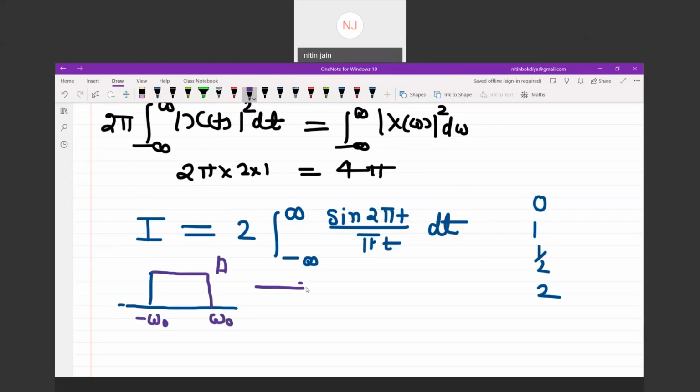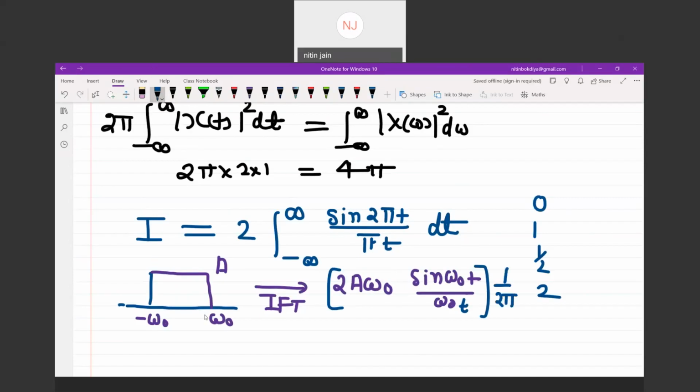So can I say the inverse Fourier transform of this function is 2 into a into omega naught into sine of omega naught t divided by omega naught t, whole divided by 1 by 2 pi.